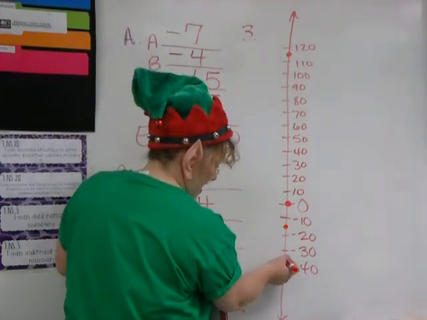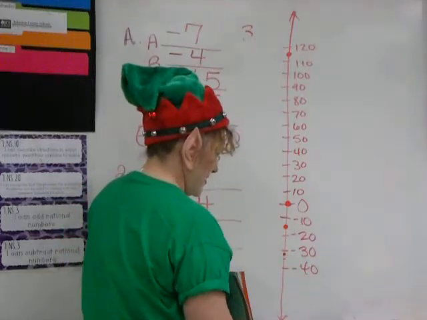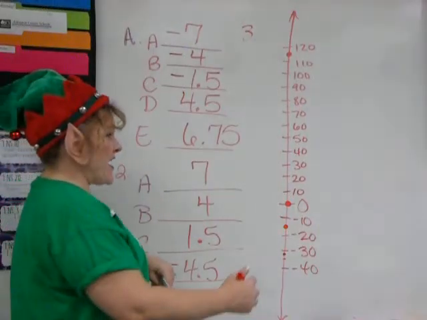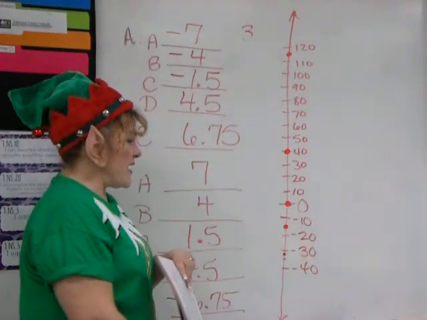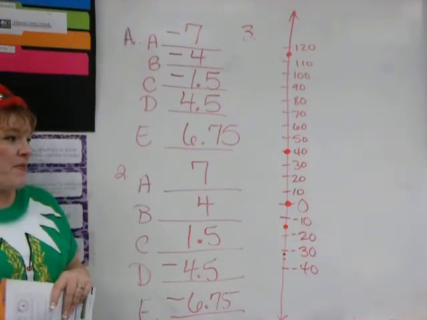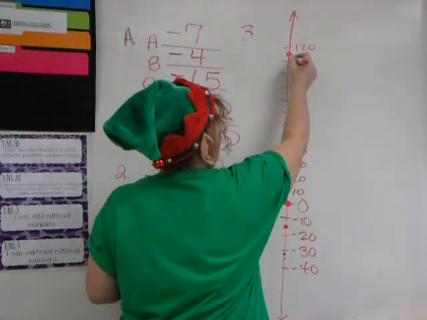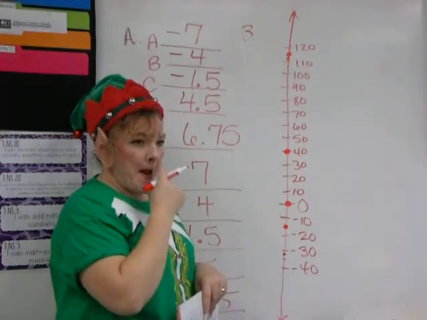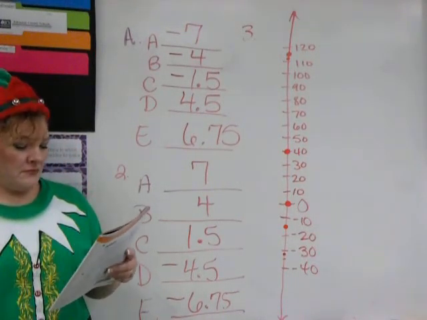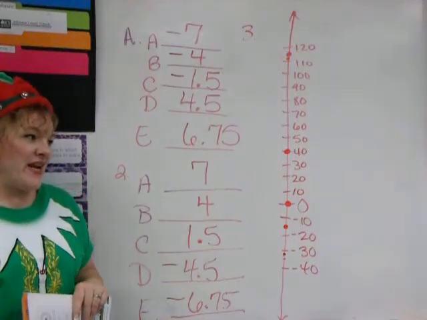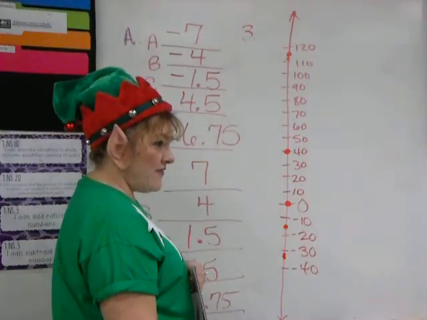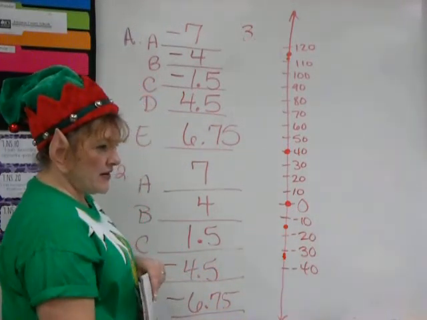Negative 32.5 is closer to negative 30. Positive 40. 40 above 0. Positive 113.2. I know it's got to be below 115, but not all the way down to 110. And negative 32.7 will be even colder than negative 32.5.